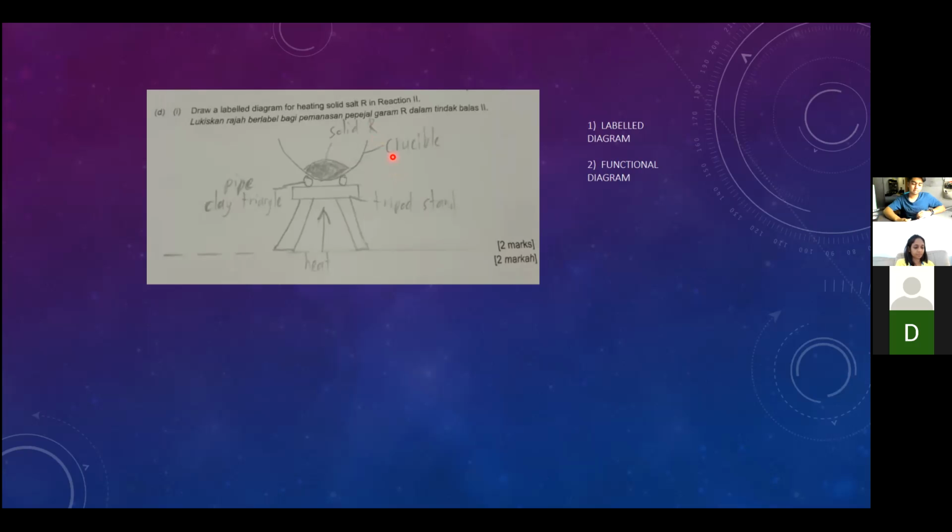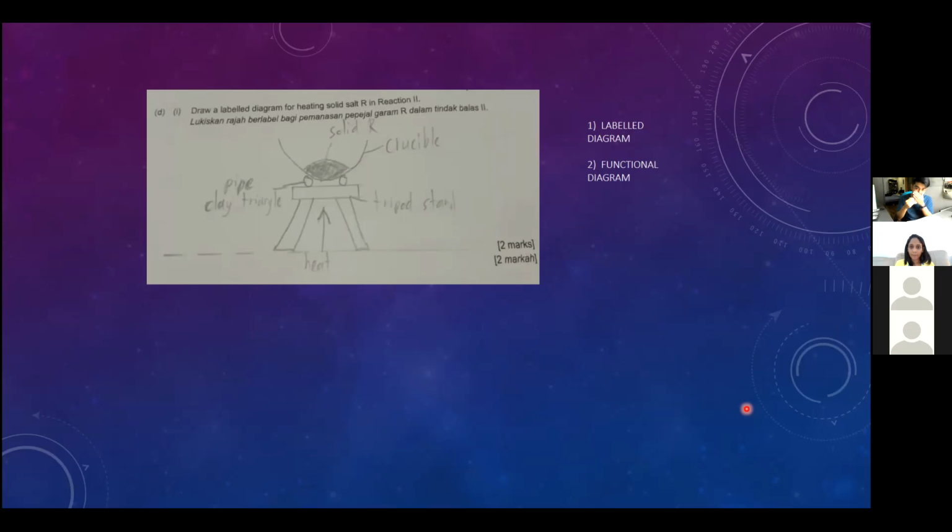Next, write the chemical equation for reaction 2. I asked Judy. Okay, now Haris. Bhuvanesh, your diagram is wrong, yeah?